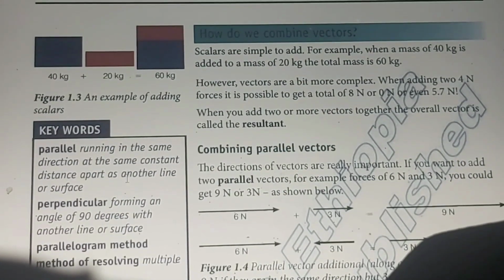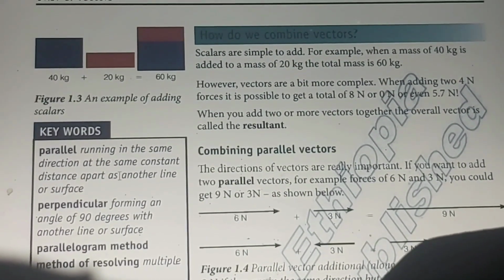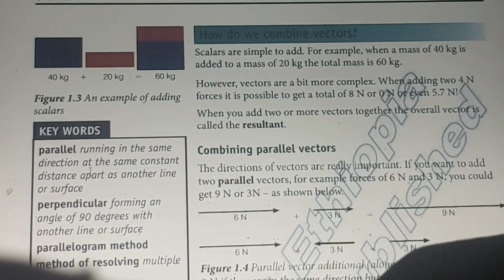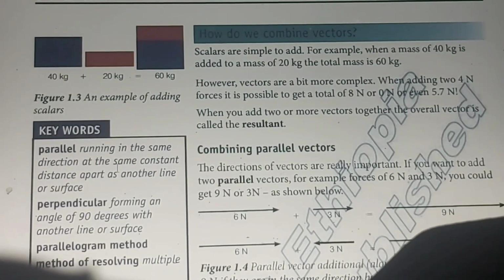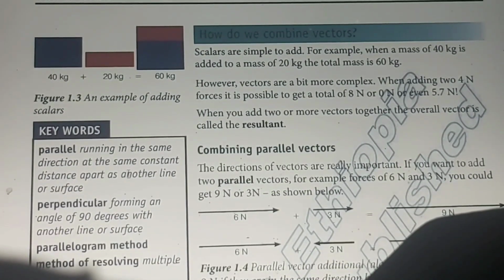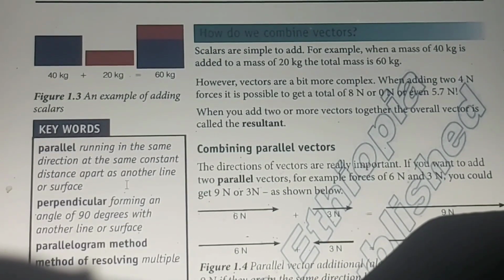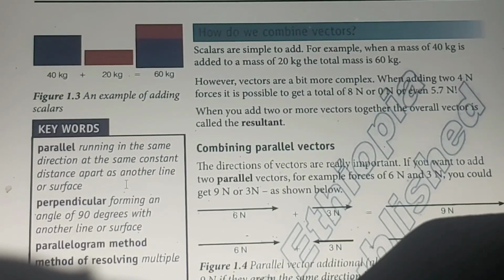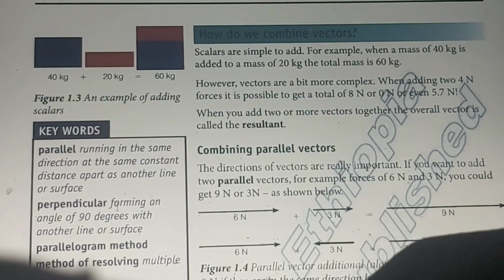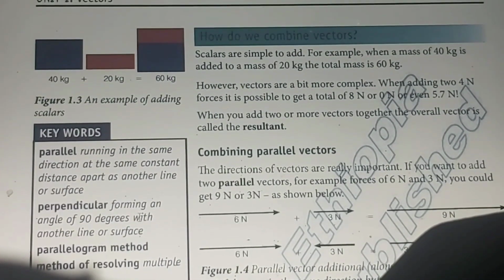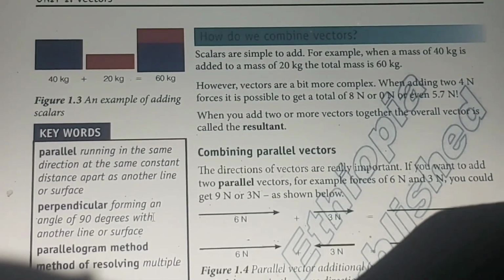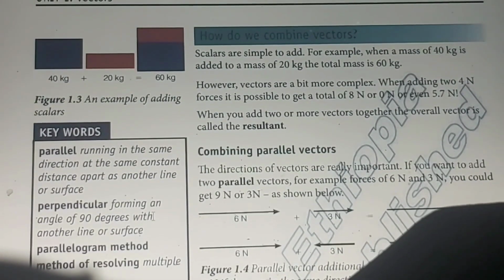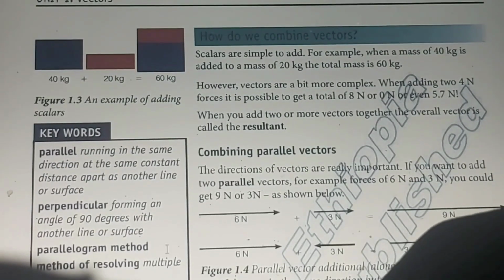This can be a line or surface, but the gap between the two vectors is always constant. As they are moving, the gap that exists between the two vectors is always constant. When we say perpendicular vectors, they make 90 degrees to each other. They are called perpendicular vectors.